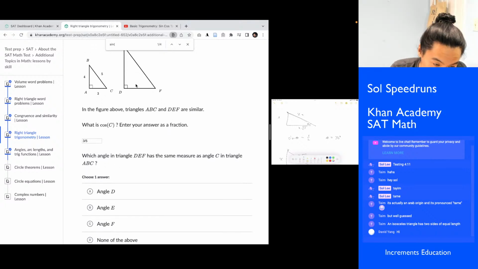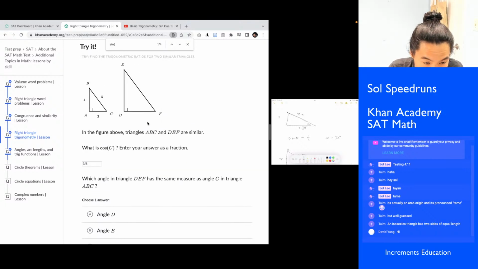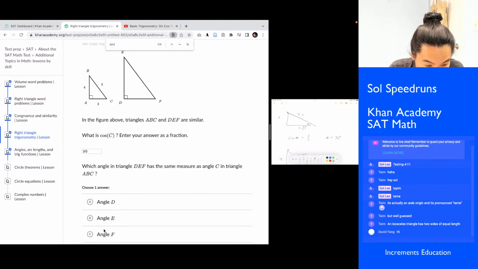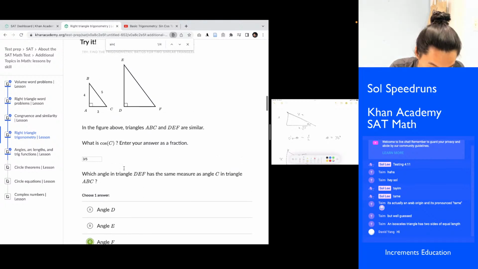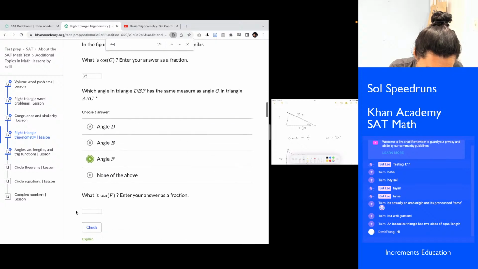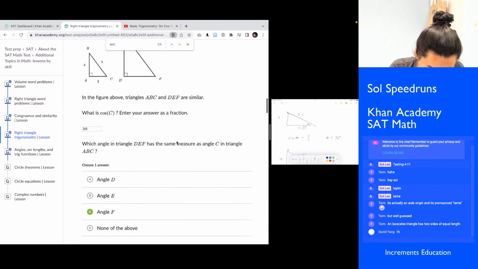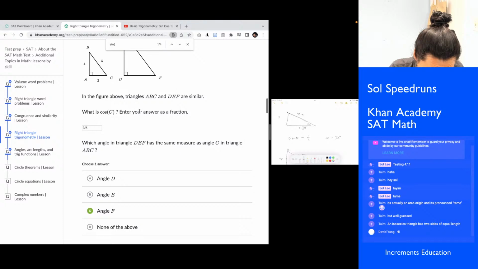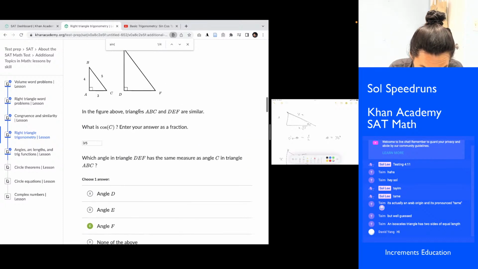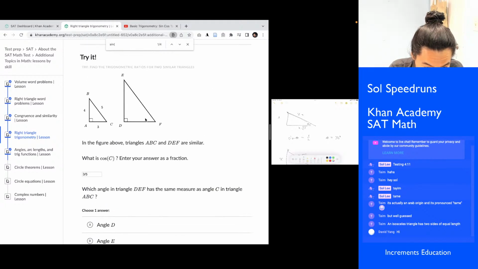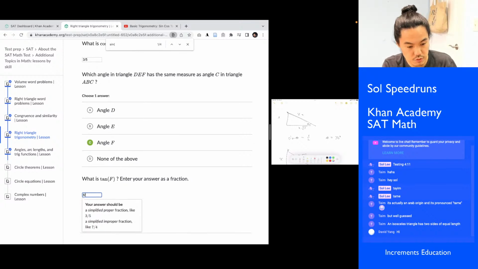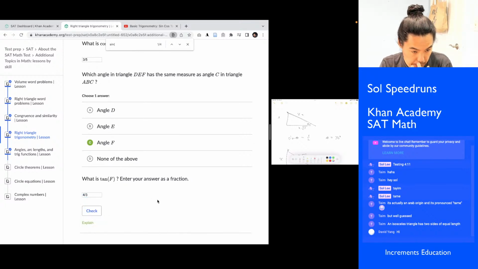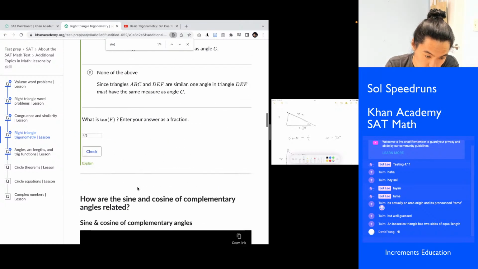What angle in DF has the same measure as the angle C? F. Tangent of F. Tangent. Wait, that's 3/4. I mean 4/3. Booyah!